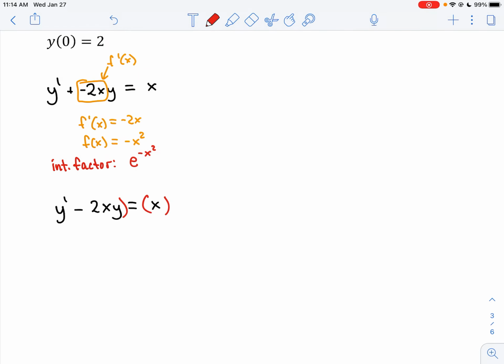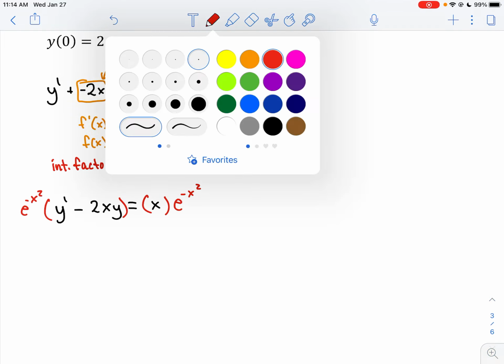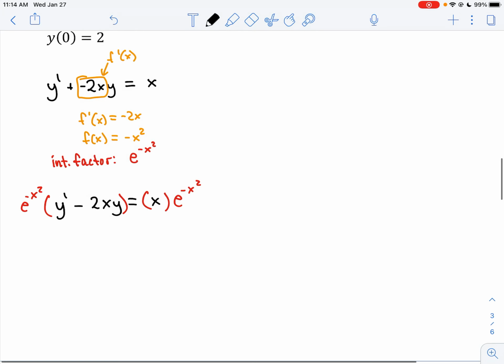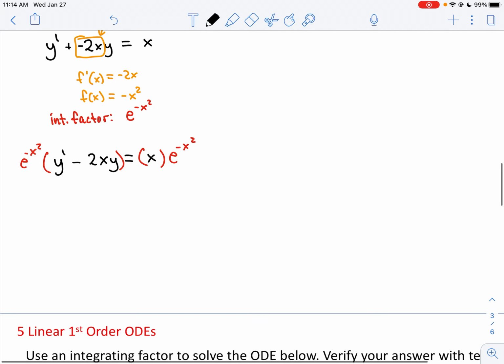And we're going to multiply both sides by the integrating factor. When I do that, I get y prime e to the negative x squared minus 2x e to the negative x squared times y equals x times e to the negative x squared.